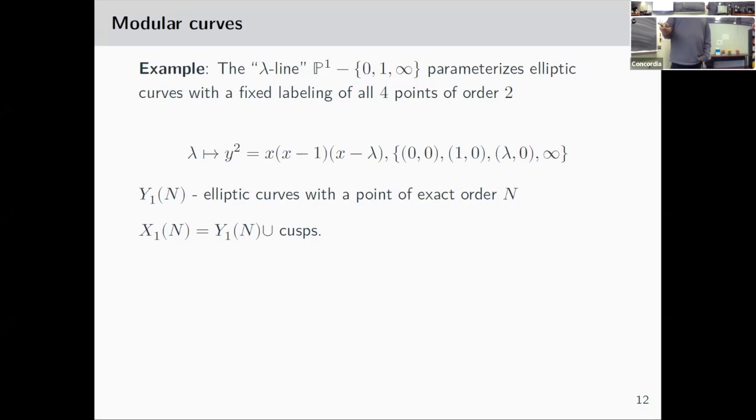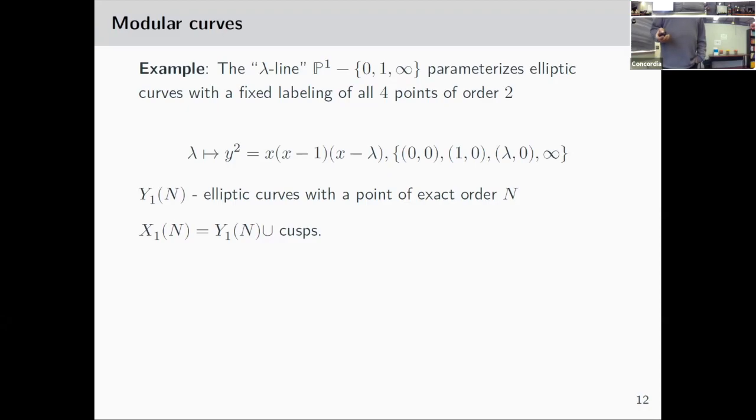And this thing is, in some sense, non-compact. You moved some points, and so to make it compact, you have to add some cusps. These cusps don't correspond to actual elliptic curves; they're just there to compactify.